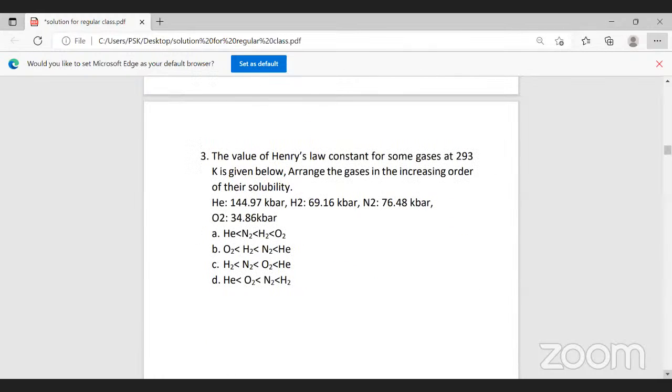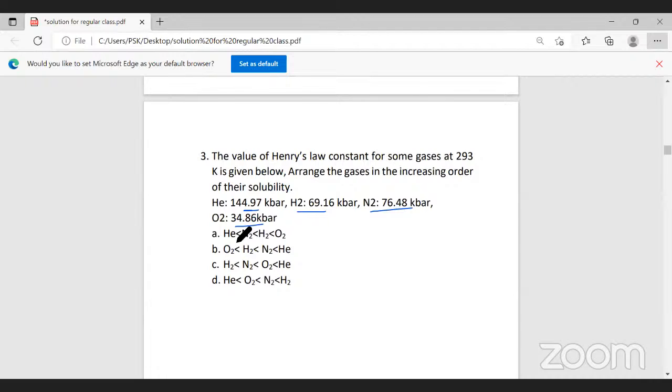The third one: the value of Henry's law constant for some gases at 293 Kelvin is given below. Arrange the species in the increasing order of their solubility, from low to higher. See, they have given Henry's constant: helium 144, hydrogen 69.16, nitrogen 76.48 and oxygen 34.86.